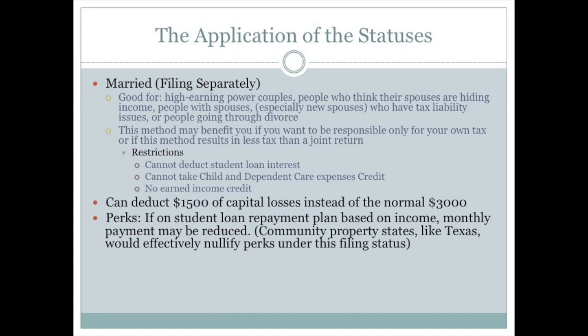Perks to this status include that if your student loan repayment plan is based on income, then your monthly bill may be reduced. However, it is important to note that in community property states like Texas, this perk would effectively be nullified.